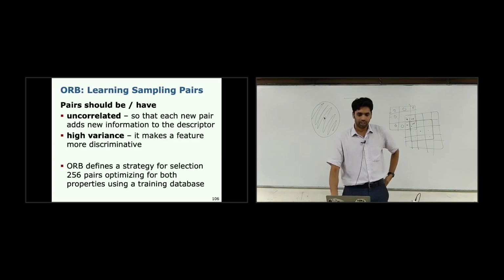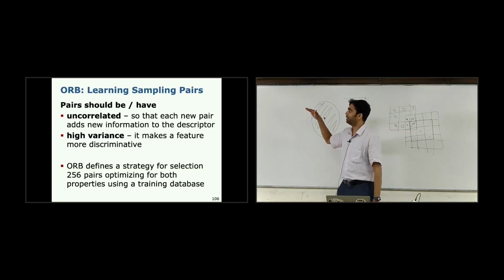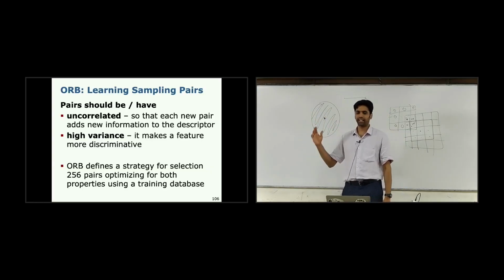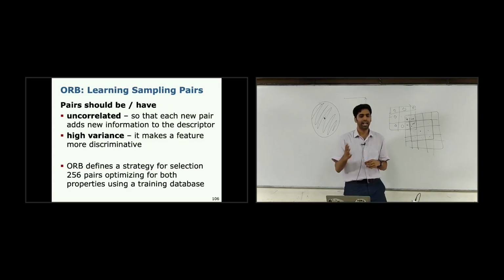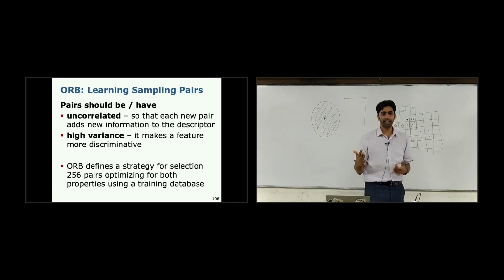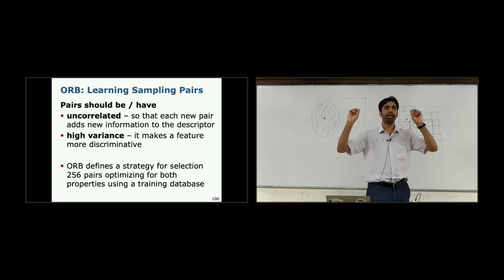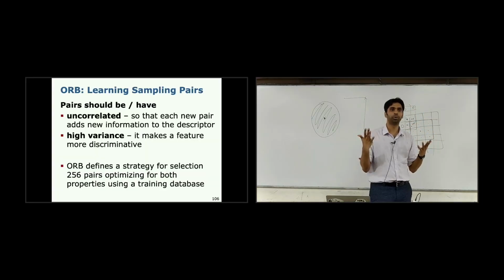In ORB they use these learned sampling pairs, and there are some technical rules on how to choose these pairs, and they make common sense as well. The pairs should be uncorrelated. If I look at two other pairs which are roughly next to each other, I am not getting a lot of new information.